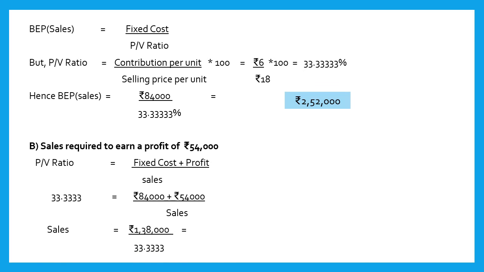So by cross multiplication, we can get sales is equal to rupees 1,38,000, which is addition of 84,000 and 54,000, upon PV ratio, which is 33.3333. We can get the required sales of rupees 4,14,000. Okay, I hope you understand this example.